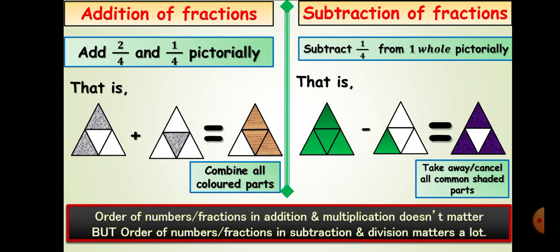In division, if you write the divisor at the dividend place, it's going to give you a wrong answer. And in subtraction, if you write the bigger amount second and the smaller amount first, it's not going to be a proper subtraction. That's why the answer in addition is the same and the answer in multiplication is the same, so there is no need for order to matter.